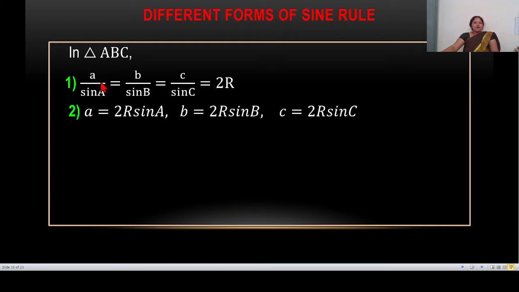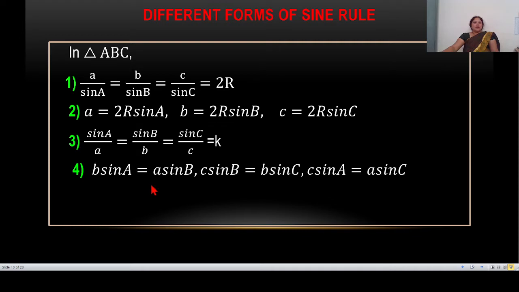Therefore, a equal to 2R sin A, b equal to 2R sin B, c equal to 2R sin C, and sin A upon a equal to sin B upon b equal to sin C upon c equal to k. Here b sin A equal to a sin B, c sin B equal to b sin C, c sin A equal to a sin C.